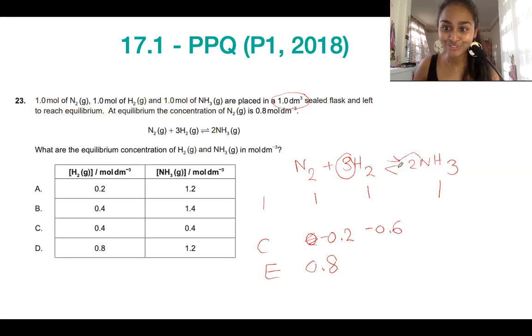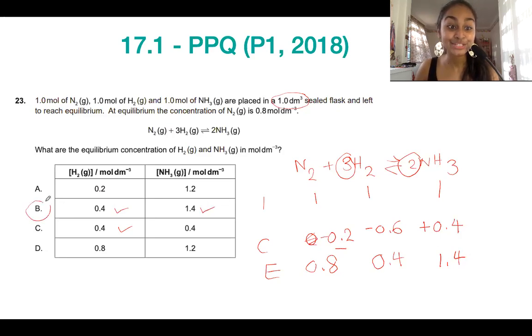And since this is a coefficient of 2 and this is a product, I would have gained twice this amount, so 0.4. So this will be 0.4 and this will be 1.4. So now let's have a look at our answers. So the equilibrium concentration of H2 is 0.4 and the equilibrium concentration of NH3 is 1.4.